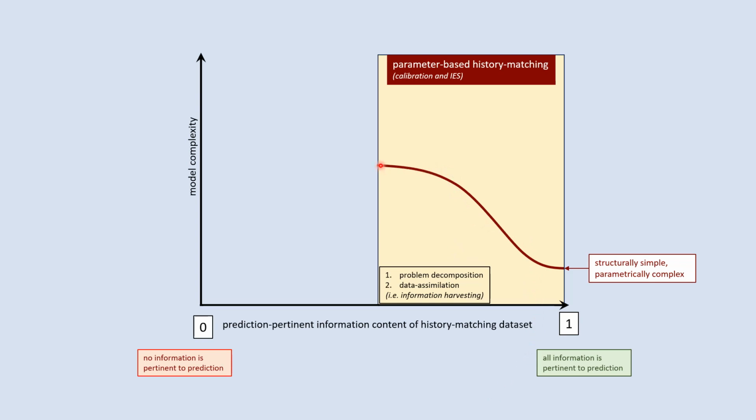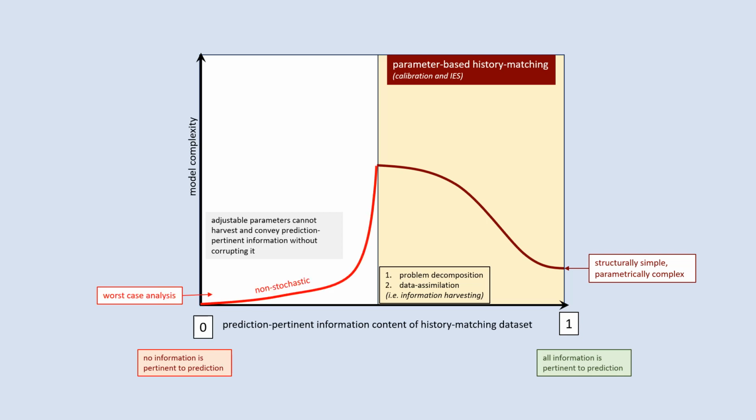Then I get to a place where I can't guarantee that the parameters are indeed the best mechanism for extracting and conveying information. It could be that that information suffers too much damage along the way to predictions that I care about. Here then, I've got a choice. I could follow the red line. I could say I'm not going to try to extract any information from the history matching data set. It's not worth it.